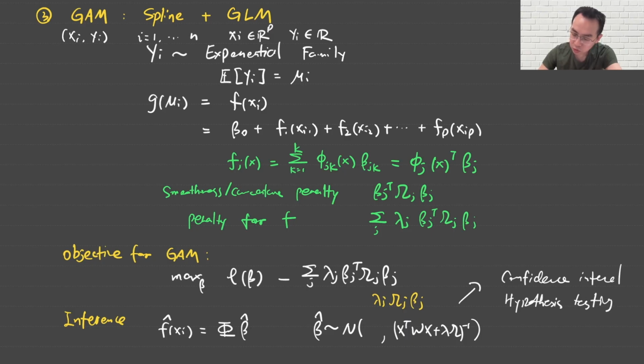For example, if we want to find out one particular beta, let's say that beta i equals 0, we can set that as a null hypothesis. Then we can use this variance term to give us a p-value, right? That's really the power of the GAM model, that we can apply hypothesis testing on nonlinear models. So that really goes beyond the smoothing spline, which just gave us a point estimate.